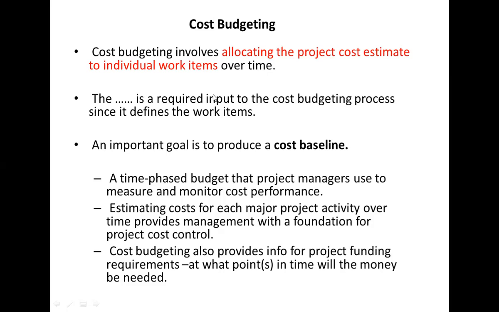So what needs to come in this blank? The blank is a required input into the cost budgeting process. What is that? I didn't hear. Somebody told, isn't it? What needs to be in this blank?